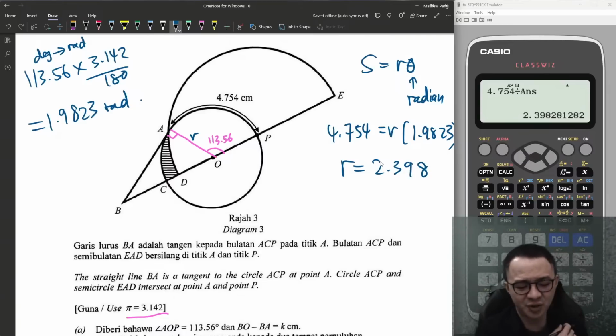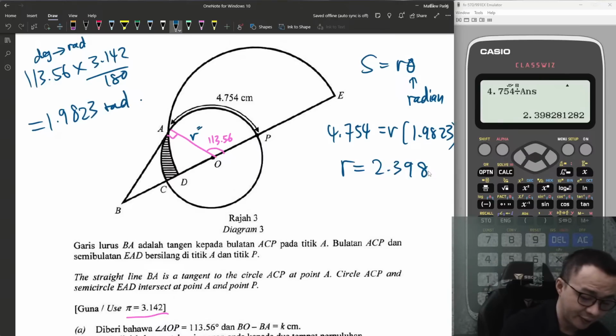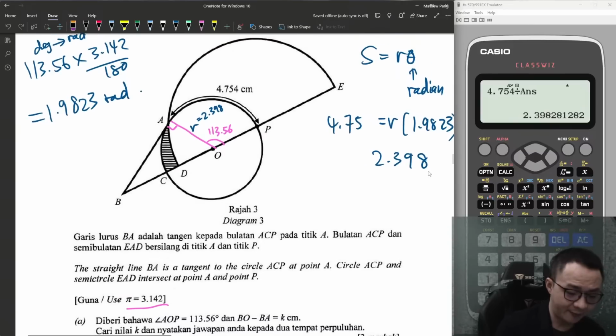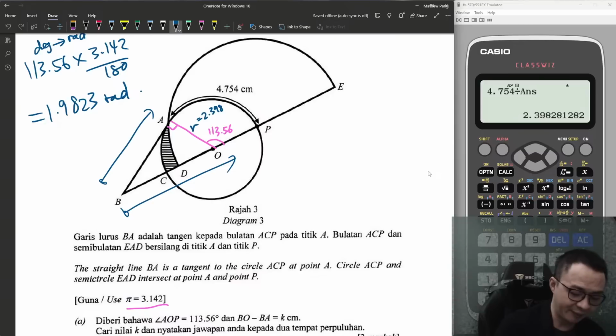I think 3 decimals should be fine. Okay, so I got my R now. Let me write it down: 2.398. Definitely later I need to know what is B to O and then B to A, because I need to subtract them to get my K.